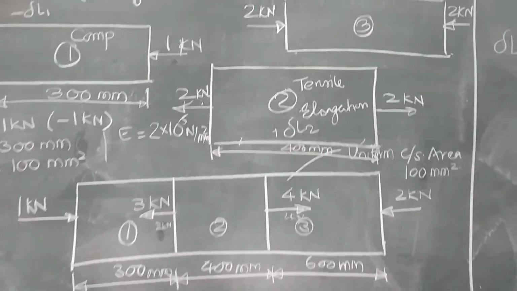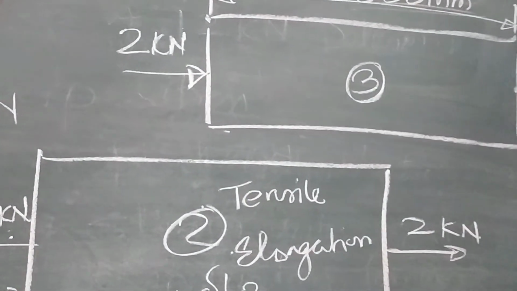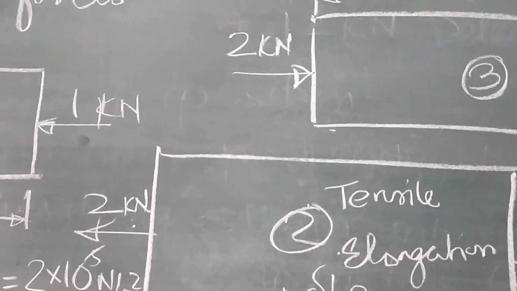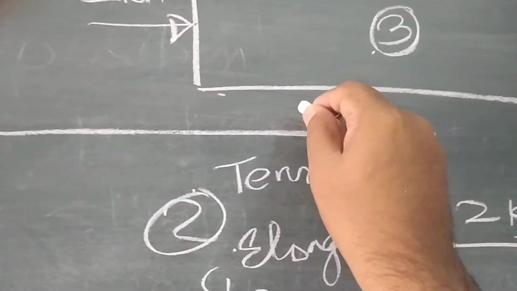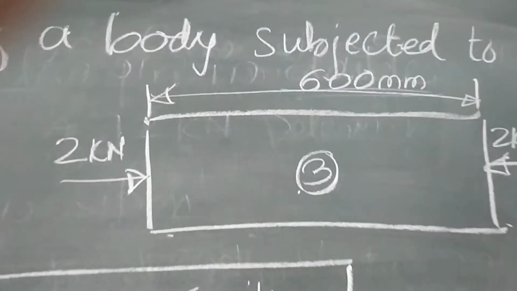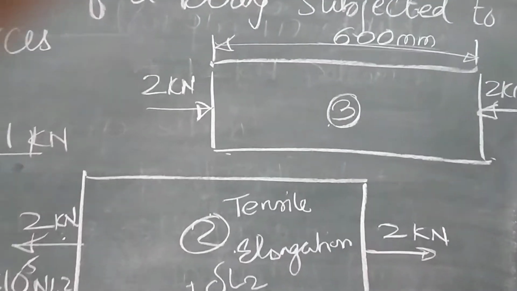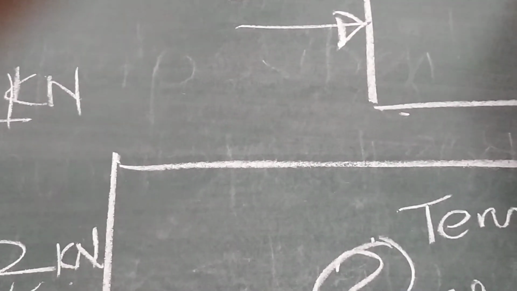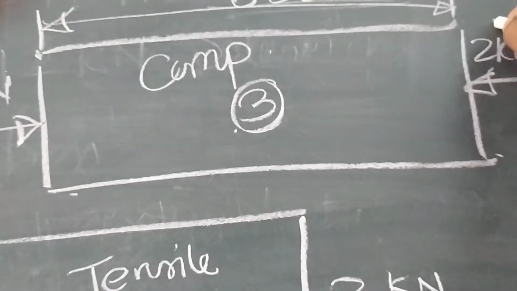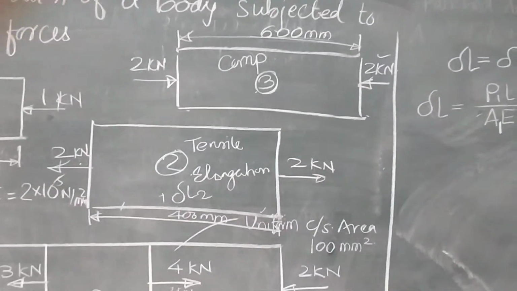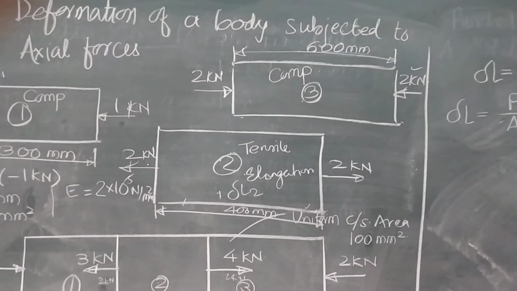Let us now consider the third section, which is this one, 600 mm. Here it is 600 we have written. Now 2 kilonewton of compressive nature, and from this side also it is 2 kilonewton of compressive or push nature.